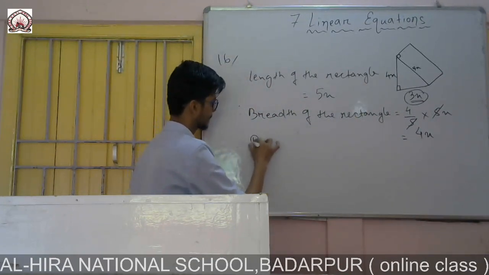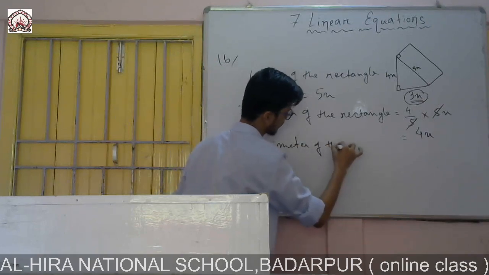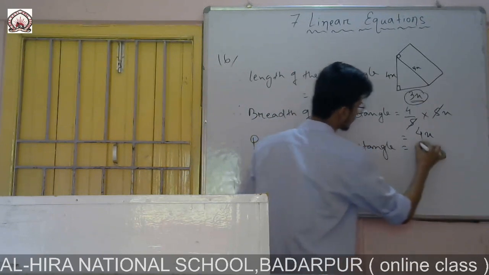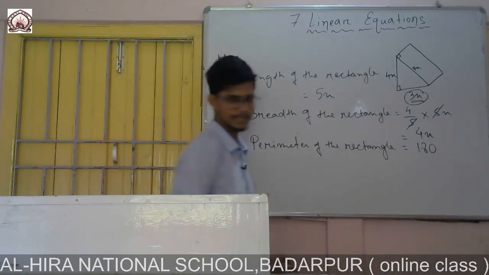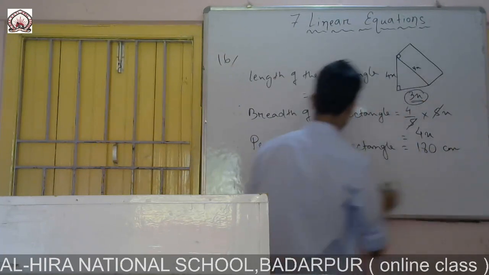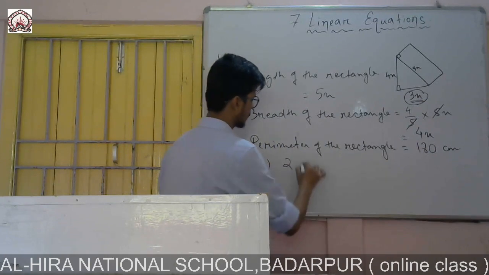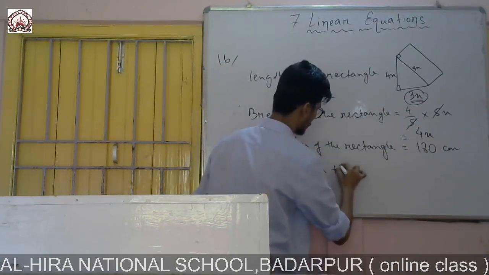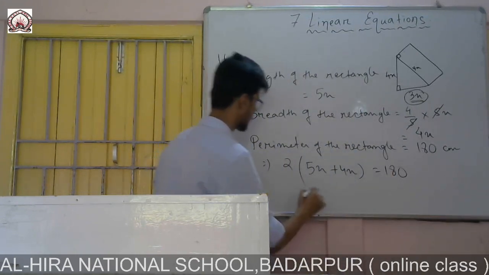So write: since the perimeter of the rectangle is 180 centimeters, and we know the formula of perimeter is 2 into length plus breadth. Which one is the length here? It is 5x, and the breadth is 4x. So 2 times 5x plus 4x equals 180 centimeters.